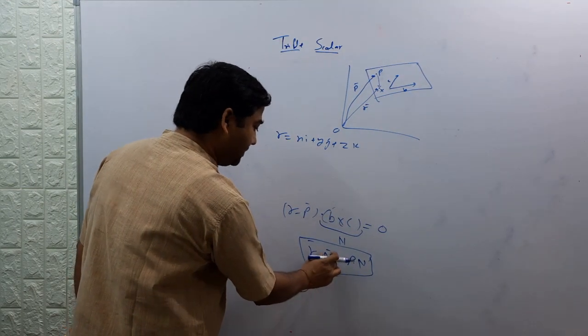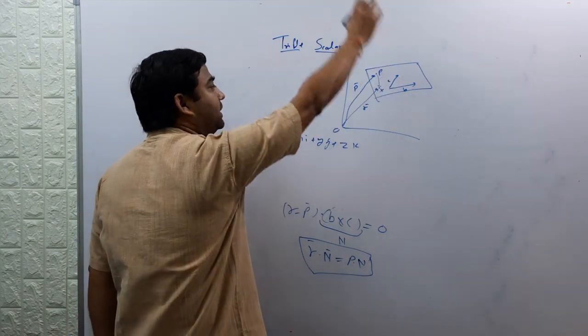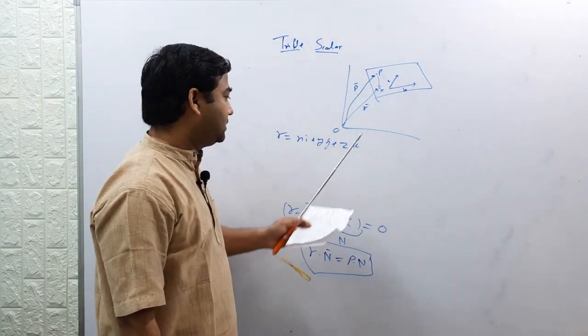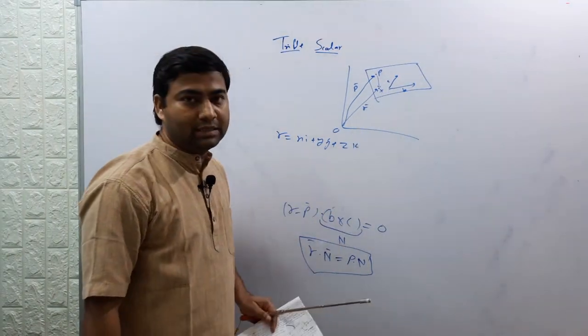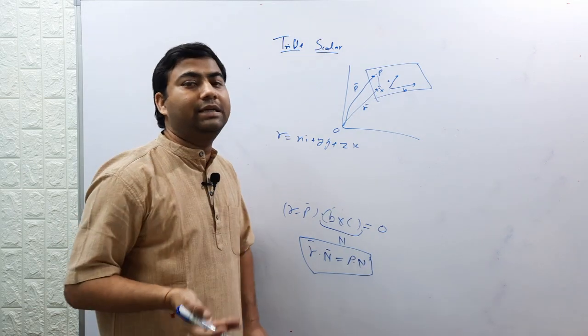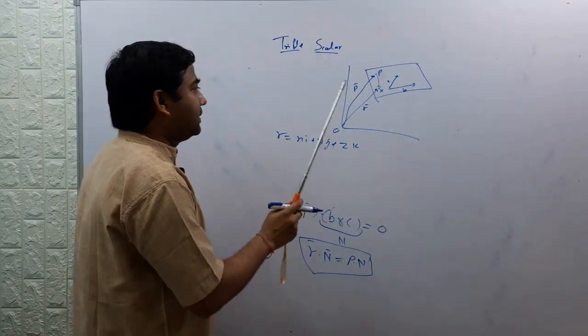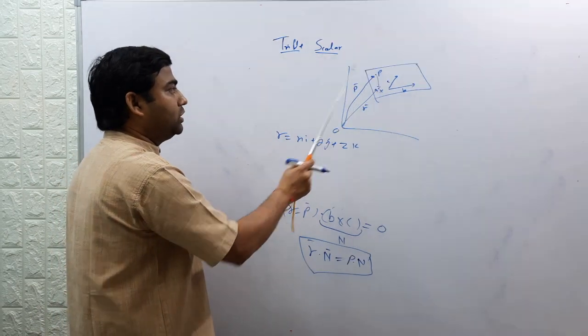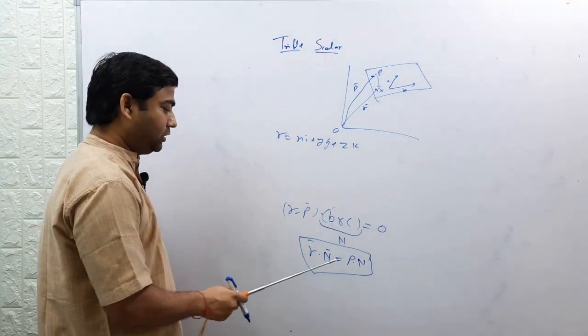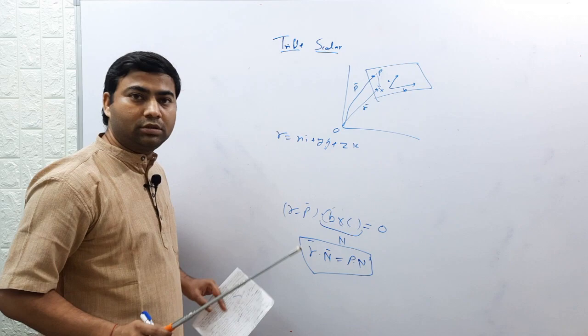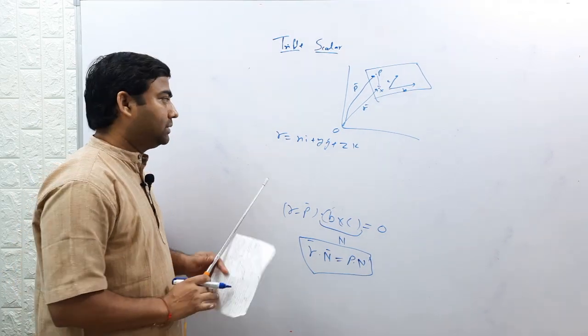Here n is a vector perpendicular to this plane, which is the cross product of B and C, or it can be given directly. It can also be said that a plane passes through point P and is perpendicular to vector n. That is also sufficient to define the plane.